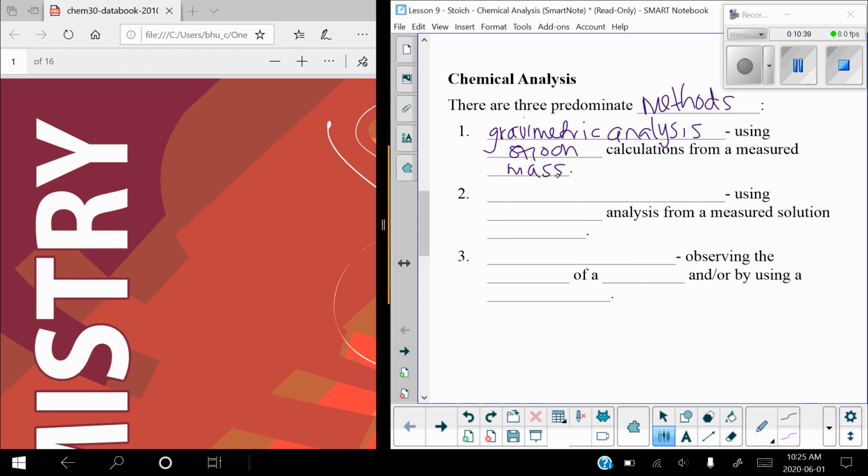The second type is called a titration analysis, using Stoich from a measured solution volume.